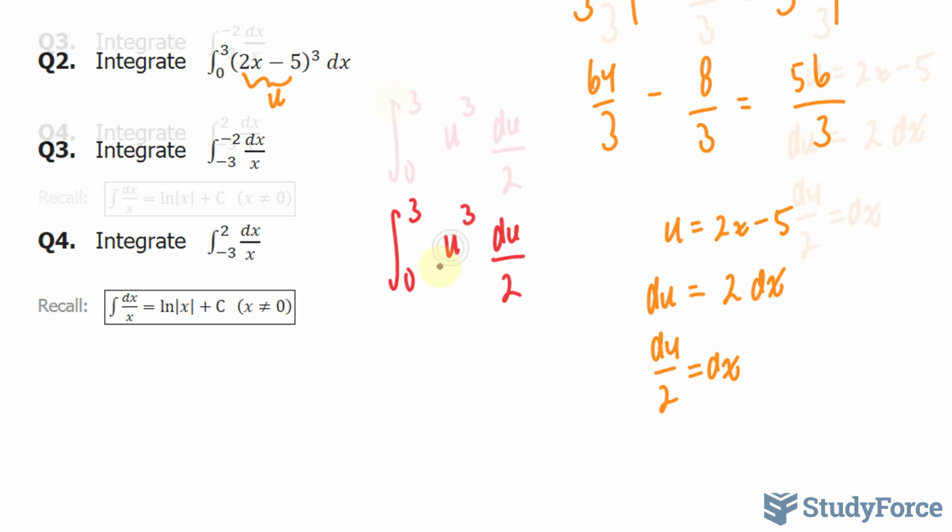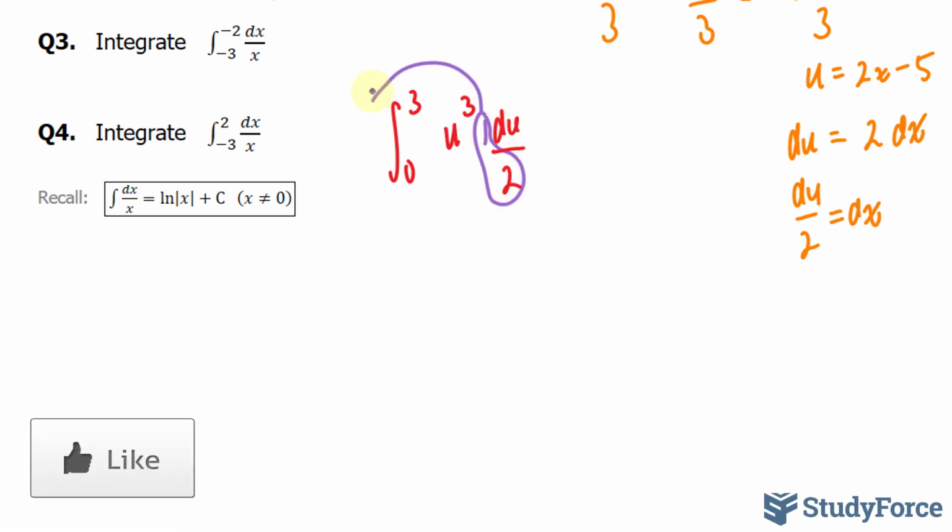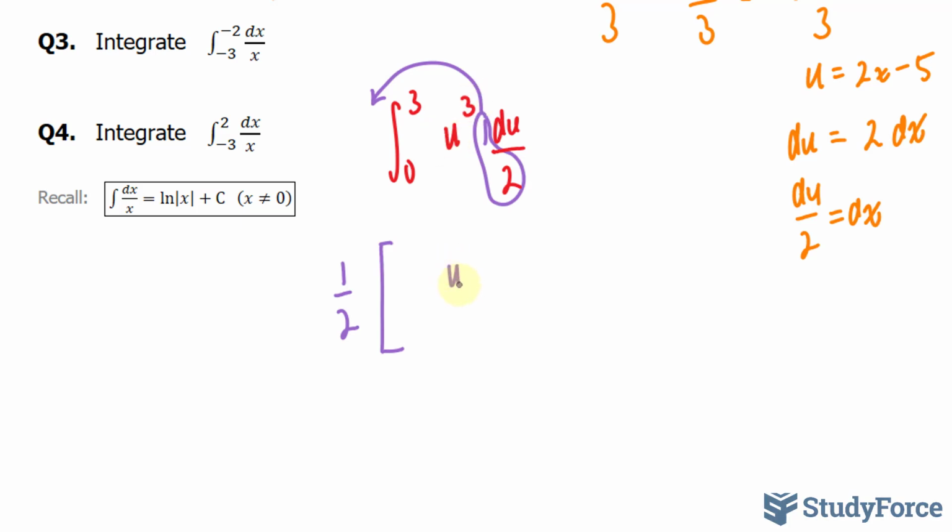Next, I'll take the integral of u to the power of 3. And before I do that, I can actually pull out this 1 over 2 outside. That way it doesn't bother us later on. 1 over 2, introduce square brackets. U to the power of 3 becomes u to the power of 4 over 4.